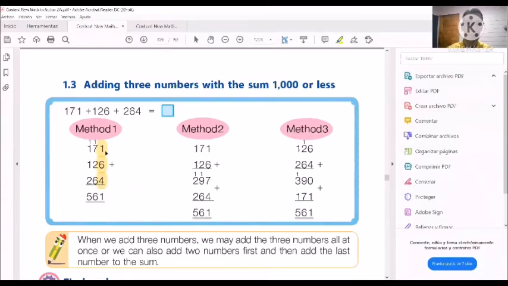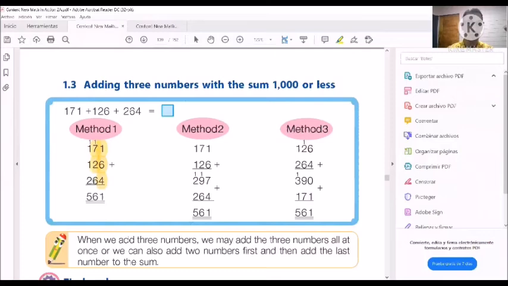So we got 1 plus 6, 7. 7 plus 4, 11. So we write number 1 and we carry the number 1 to the left. Carry over in tens place.